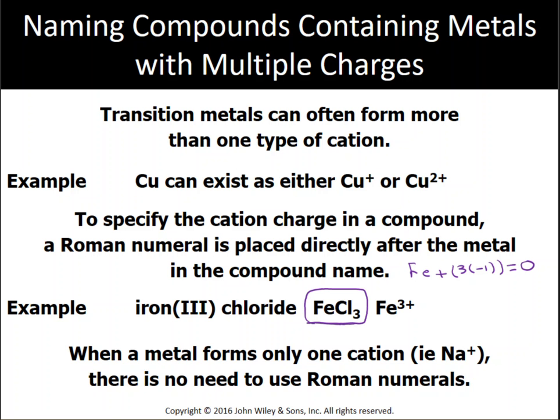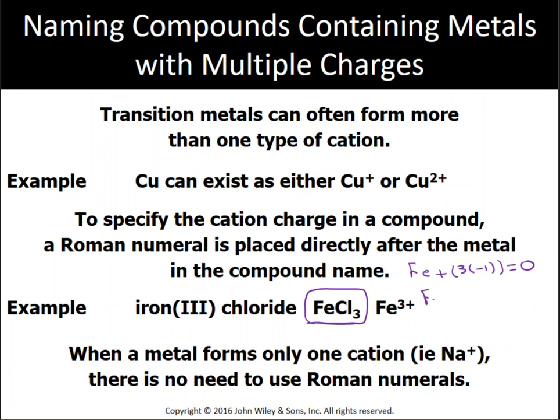The charge of a transition metal is not fixed. So I don't know what the charge of iron is directly. However, I can find the charge of iron in this compound by looking at the charge of the anion. Your anion is chloride. Chloride, the charge is always fixed. It's always -1.